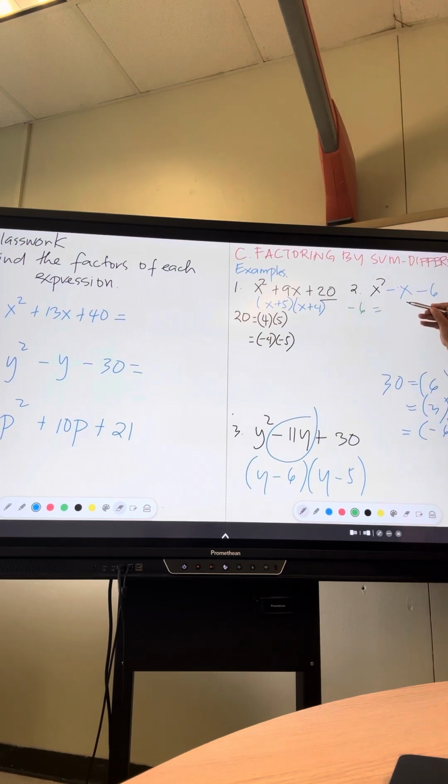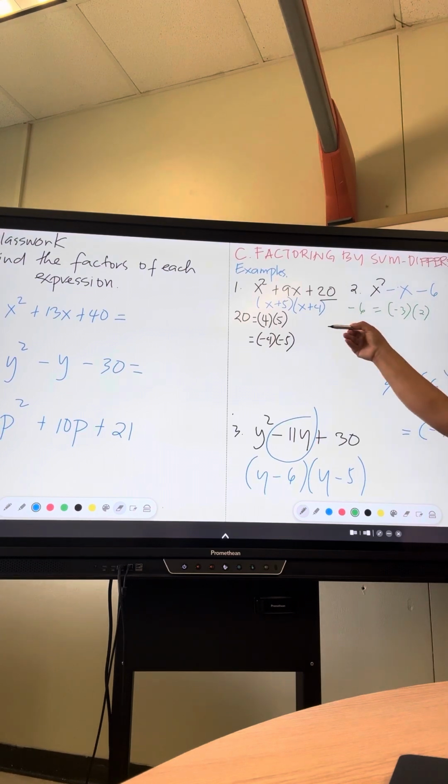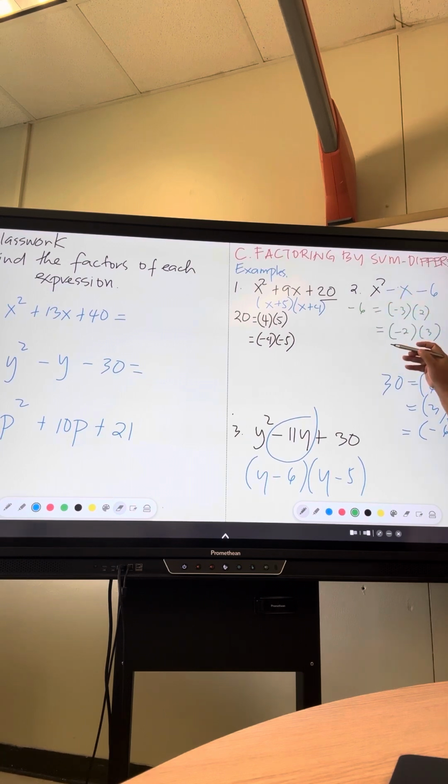We can say negative 3 and positive 2. It gives you negative 6. Another, we have negative 2 times positive 3. Okay, what are other possible factors of negative 6? It can be negative 1 times 6, or it can be negative 6 and positive 1. So it gives you negative 6 as the product.